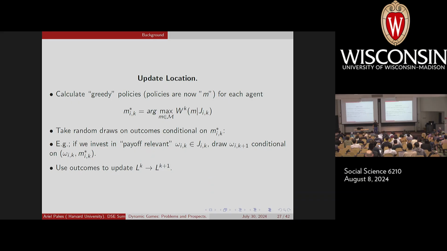I have that perception for every possible policy I could choose. I can choose m equals 4, 5, 6, whatever. For each one of those, I have an expectation of the future, and what I'm going to do is choose the one that maximizes. That's called the greedy policy.